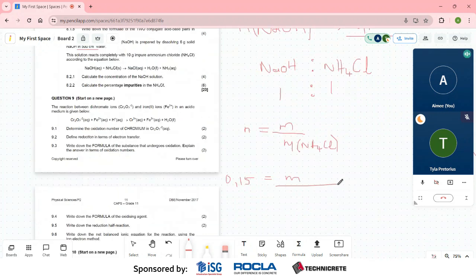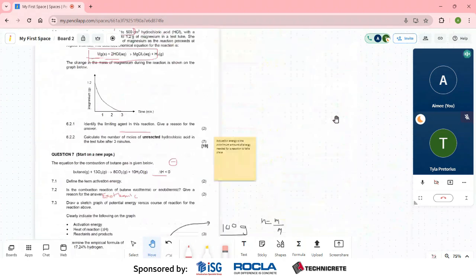N is 14, H is 1, but I've got 4 of them, so 1 times 4, and Cl is 35.5. I just want to go check that quickly on the periodic table.